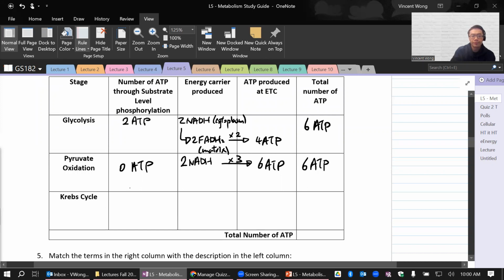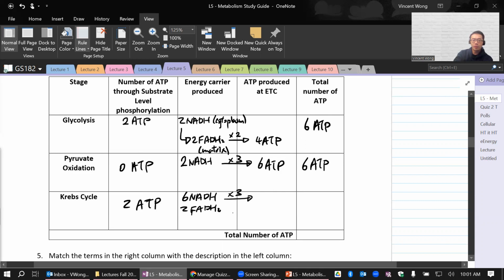Krebs cycle. How many ATPs are produced through substrate level phosphorylation? Yes, Florence? 2. 2, that's right. 1 from each spin, right? We spin it twice for each glucose. The energy carriers produced are 6 NADH and 2 FADH2, right?